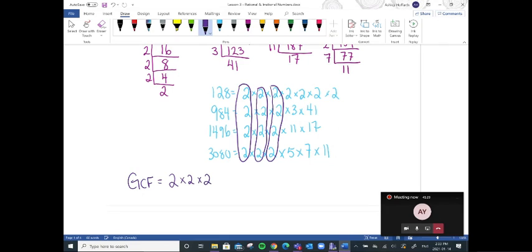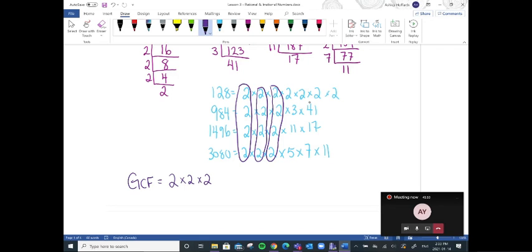So another common 2. Now I've got another 2 in 128, but if I look through my list, there's no 2's in the other ones, so I can't use that 2. I can't use any of the rest of these 2's. And because there's nothing else common in all the lists, even though there's 2 11's in 2 lists, the 11 has to exist everywhere.